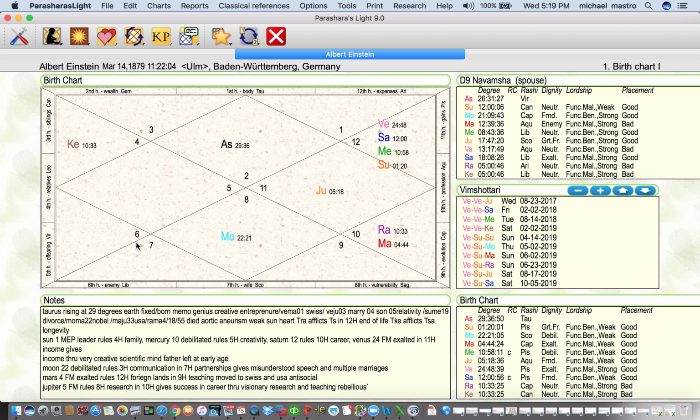And so all these planets in here, they give good income through some leadership, some creativity, some discipline, and some arts. He was also a musician, loved to play Mozart and different things.